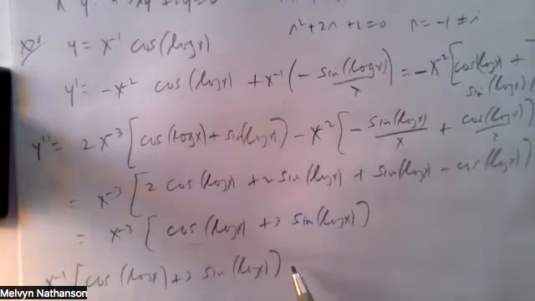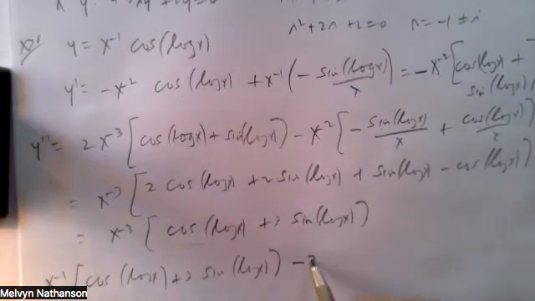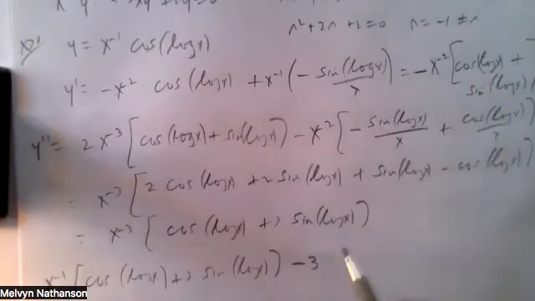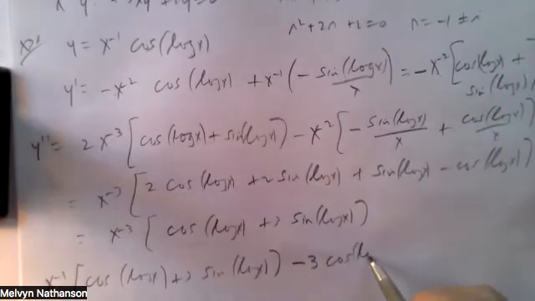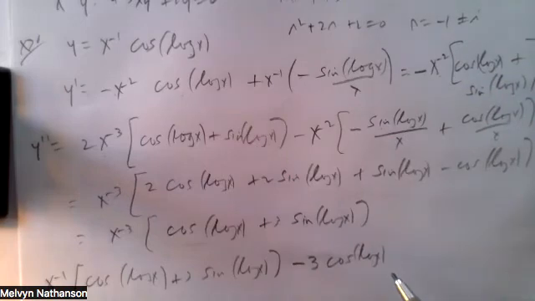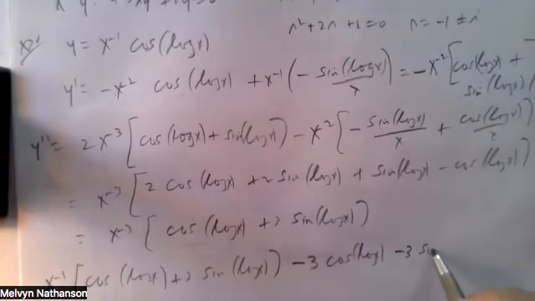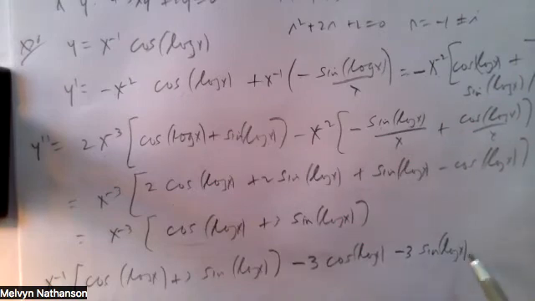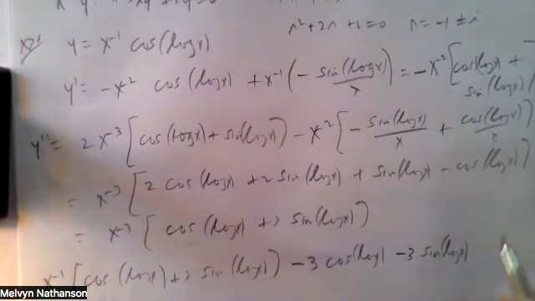So this is minus 3 times cosine of log x minus 3 times the sine of log x, plus 2y, plus 2 times the cosine of log x.